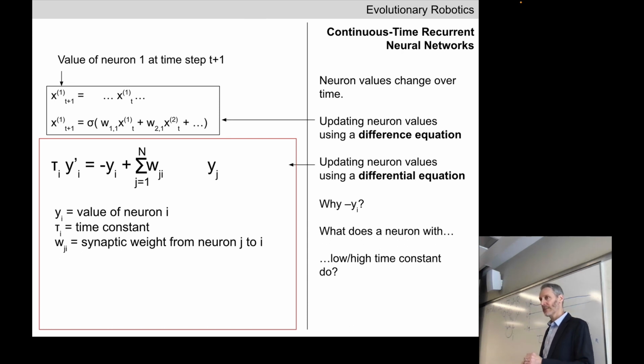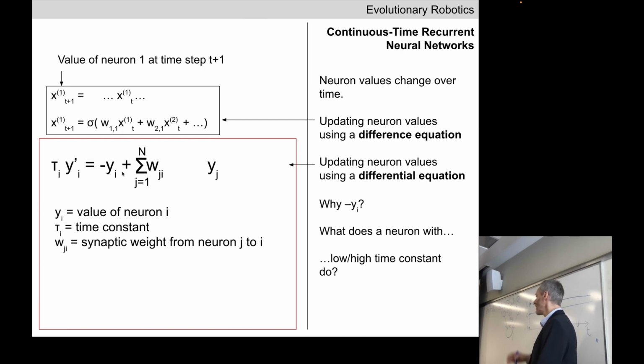Are all of the neurons connected to every other neuron in the network? The math here says yes. We're summing over all the other neurons, and this summation term appears in all the other differential equations for the other N minus 1 neurons. So in a CTRNN, it's a fully connected network.